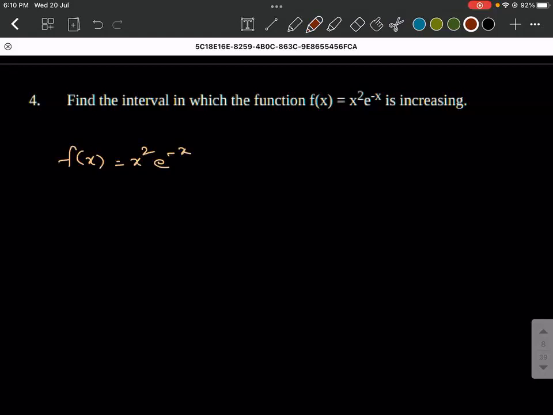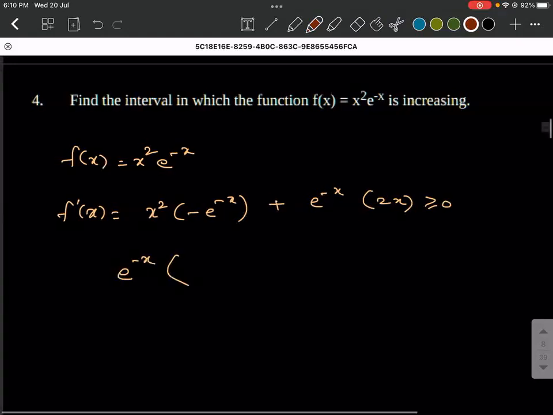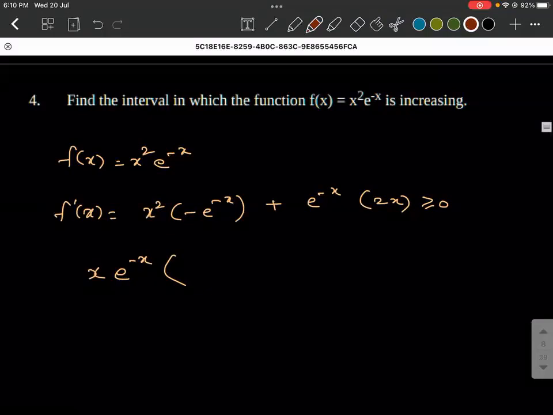So f dash of x is x square into minus e power minus x plus e power minus x into 2x. Okay, this should be greater than or equal to 0. So what can I take out common? E power minus x. I can take out x also common. X into e power minus x.